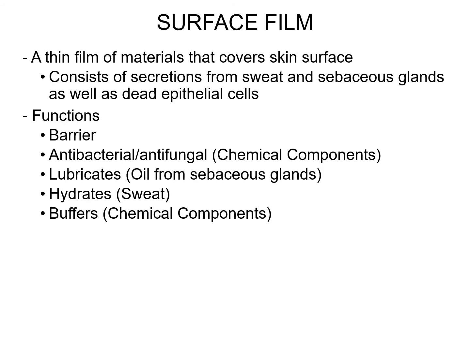Going along the theme of protection, we have something called a surface film, which is basically just a thin film of materials that keep us clean from bacteria and fungus and parasites and those kind of things. And it's consisting of a lot of different things. We've talked about keratinocytes, we've talked about Langerhans cells, we've talked about the sebum, the oil, we talked about sweat.